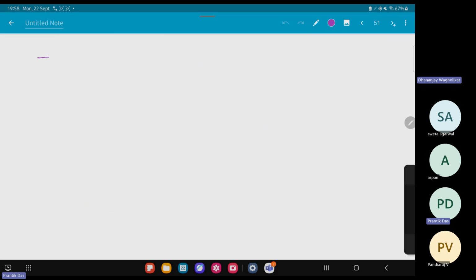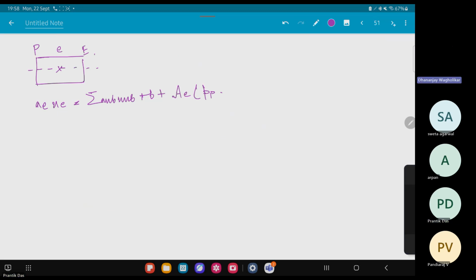Now if I draw the control volume here, this is P, this is E, and this is small e. So a_e u_e is basically equal to sigma of a_nb u_nb plus A_e (P_P minus P_E).